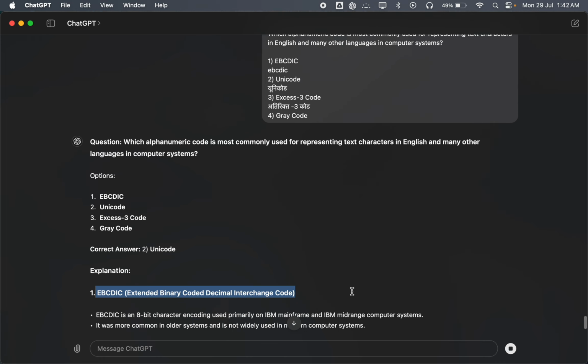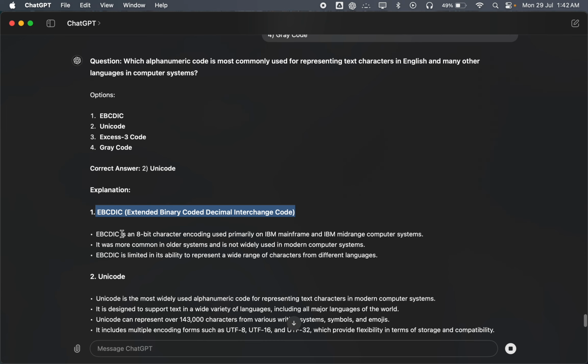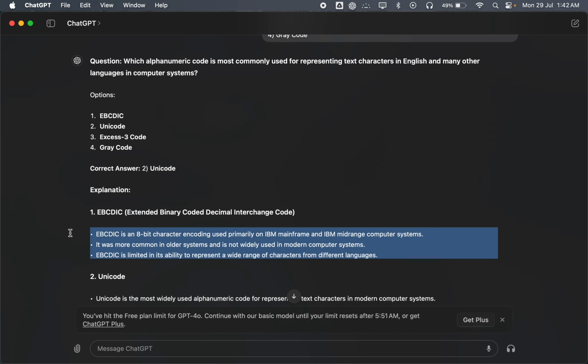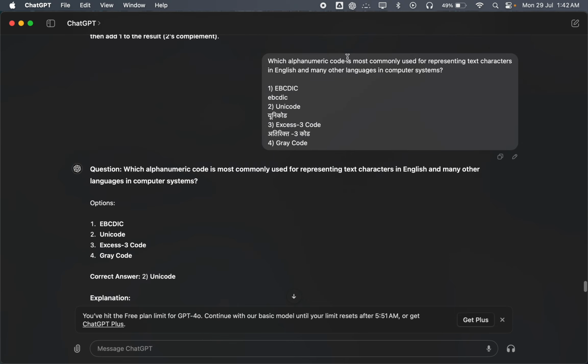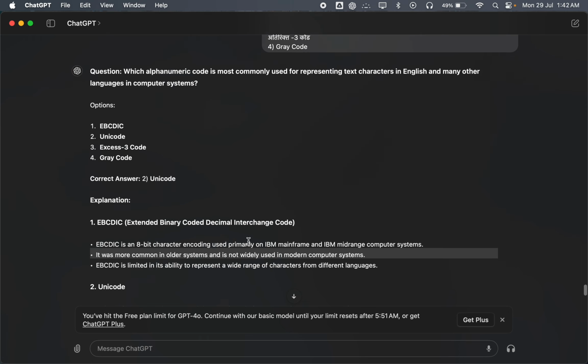EBCDIC is the Extended Binary Coded Decimal Interchange Code. Unicode has the ability to represent a wide range of characters from different languages. And the question is about representing text characters in English.